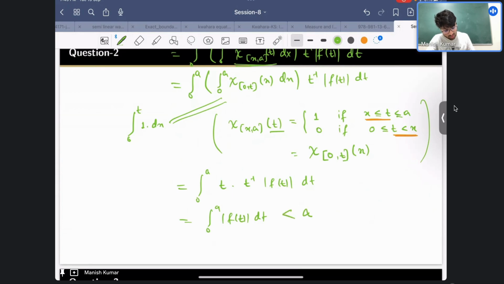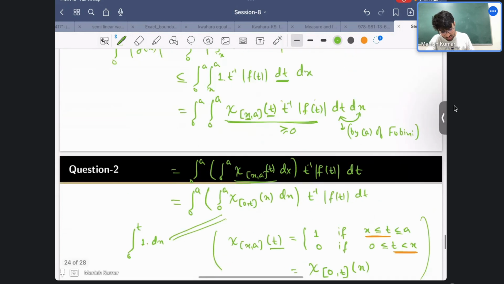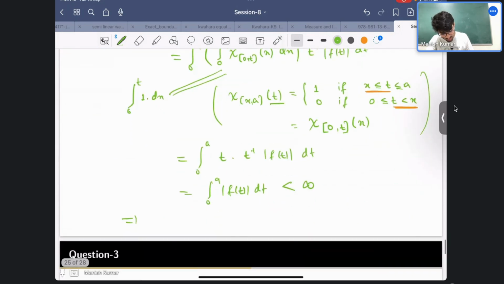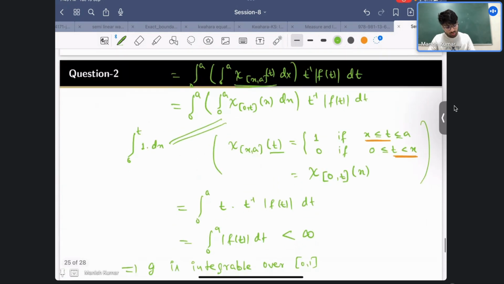So this proves that this g is also integrable over 0 1. Now the next question was, what will be the integral of g?